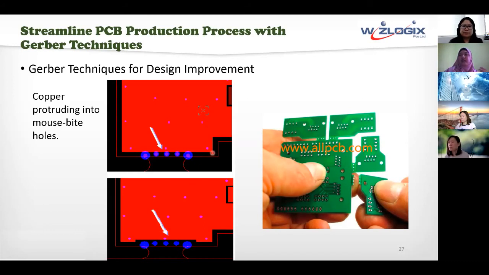Over time, it could be years, months, moisture will seep into the board and cause expansion or warpage on this particular area, and then it will spread to other parts of your board. So we want to avoid this kind of situation. So what we'll do is pull back the copper on these mouse bite regions.